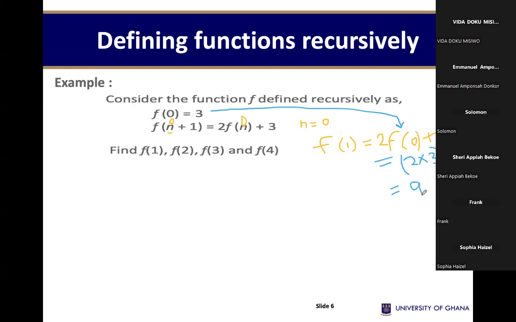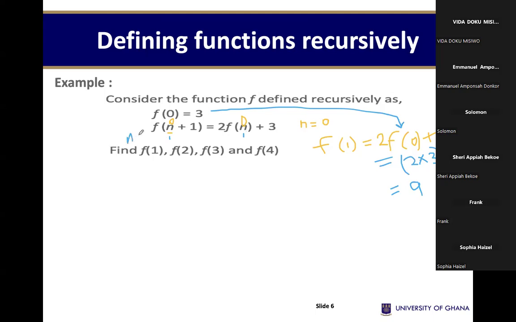Now, with that said, it is obvious that if I'm able to get my f1 to be 9, then to be able to get my f2, all I need to do is increment the n, which was initially 0, to n equals to 1. So in that case, here will be n equals to 1, right? And then this will be 1. So n is equal to 1 is the next assumption to make.